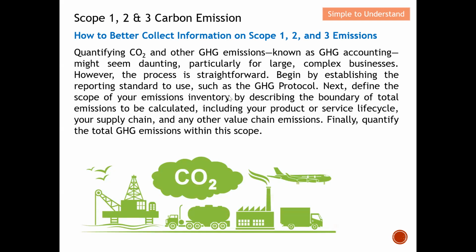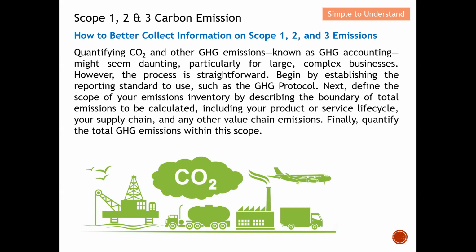Next, you need to define the scope of your emission inventory by describing the boundary of total emission to be calculated, including your product or service life cycle, your supply chain, and many other value chain emissions.